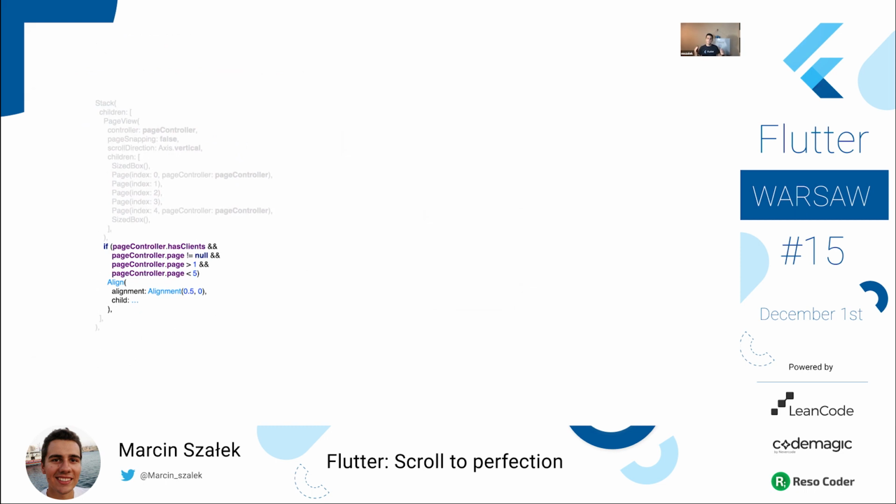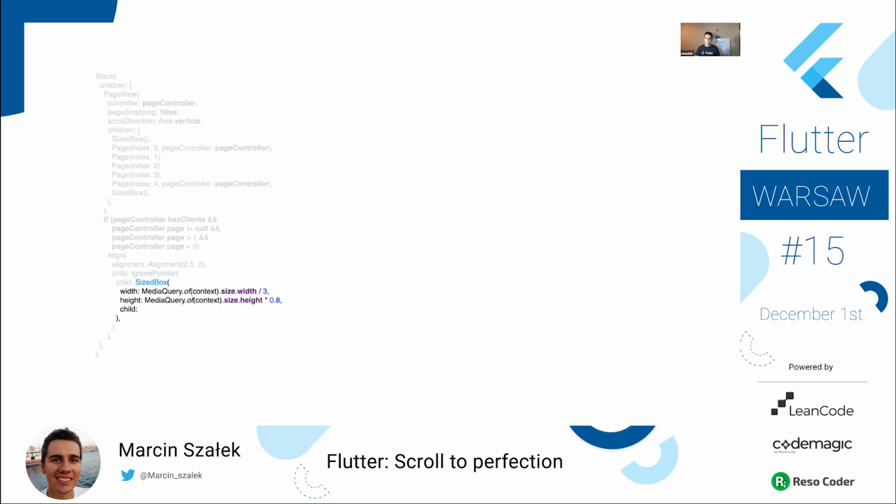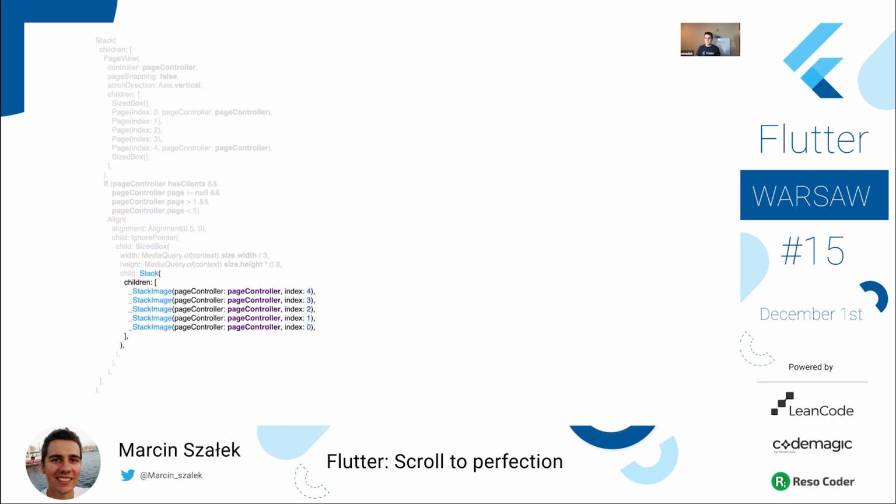Now we say that if the page is between 1 and 5, have a widget wrapped in alignment to have the right position, ignore pointer to not mess up with our scrolling, size box to provide the proper dimensions of the widget, and a stack with 5 images. So those are the 5 images that we will want to show on the right side of our screen.